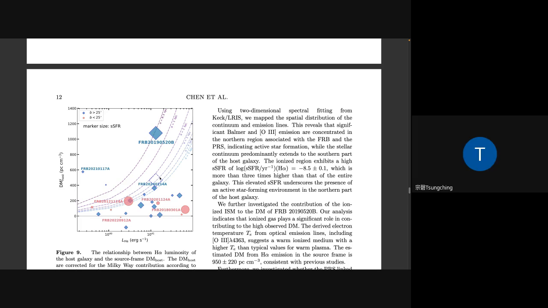So the contribution to the dispersion measure from the local PRS environment, a smaller scale environment, might be high. If the same thing is happening here, then for FRB 190520B some fraction of DM host might be from the local environment. Then this estimate of the size of the ionized gas is just a lower limit, right? DM is an upper limit and the size is a lower limit.